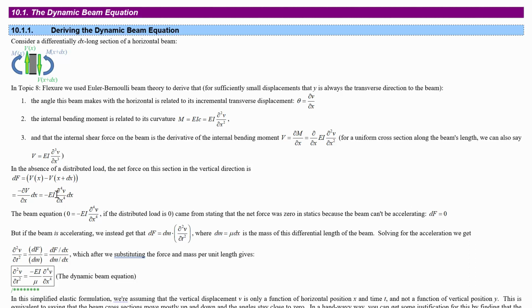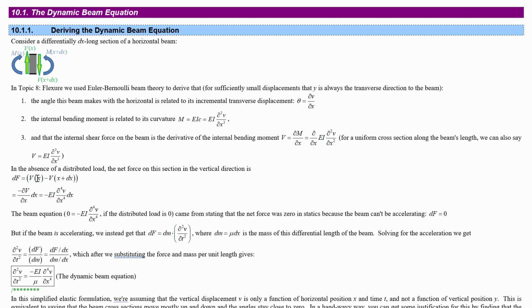Previously, we had, in addition to this, a distributed load acting on this thing in the downward direction. And when we brought that over to the other side, we got the beam equation. So we said the beam equation came from saying this total net force is equal to 0 if it's in static equilibrium. So we can equate this to the distributed load and use it to solve for the displacement.